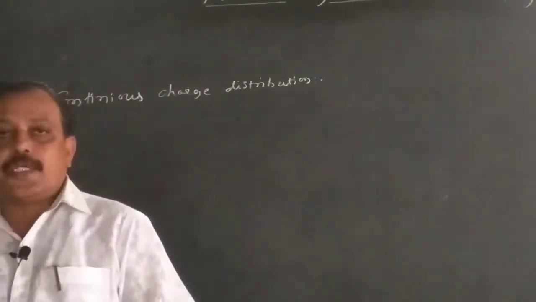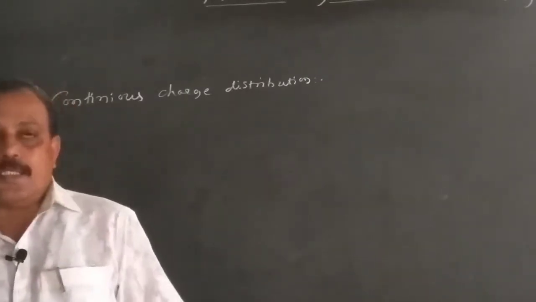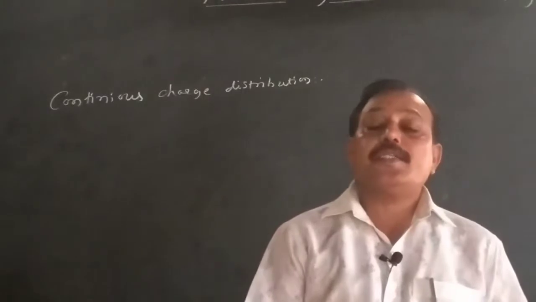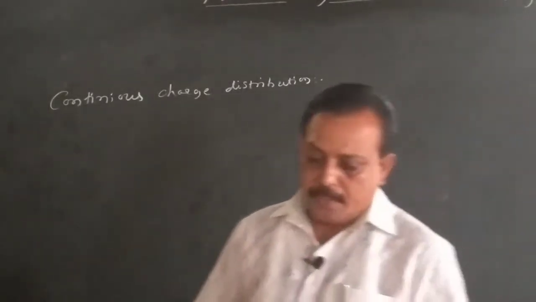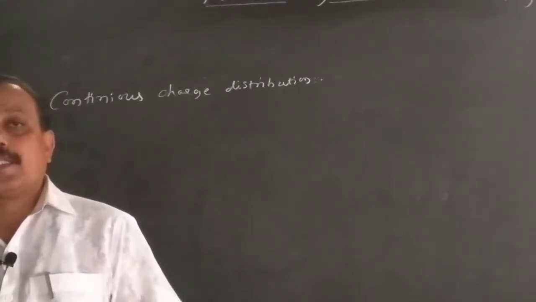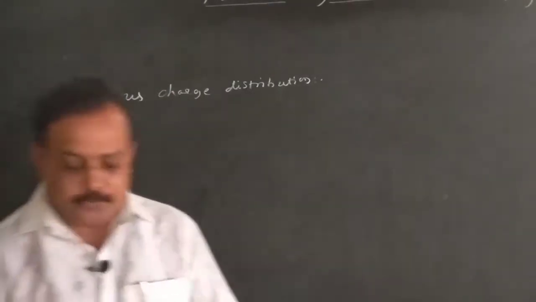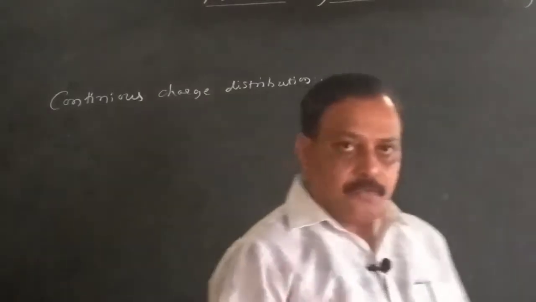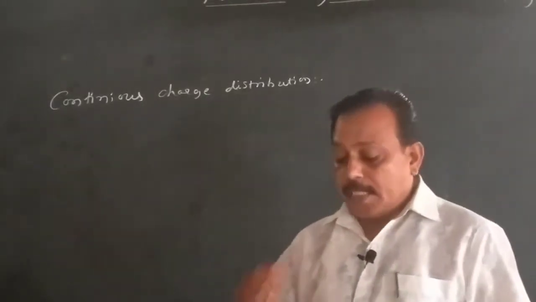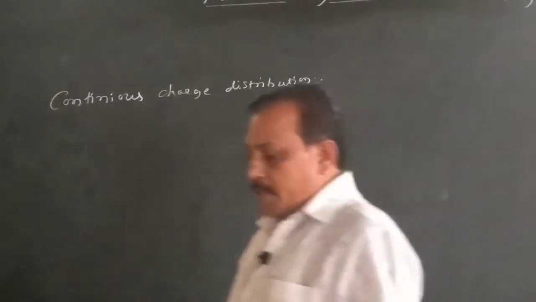A continuous charge distribution is nothing but a system consisting of closely spaced electric charges. A system of closely spaced electric charges forms a continuous charge distribution. From this continuous charge distribution, we come across three types of charge densities.